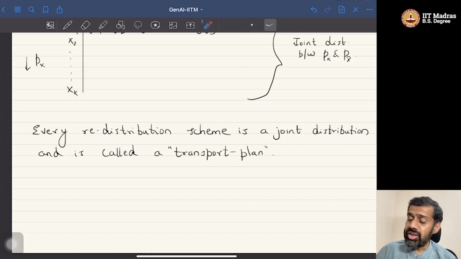So the question is, given that there are infinite transport plans possible, in other words, multiple joint distributions between a pair of random variables, can I quantify the amount of work done, or rather the amount of effort involved with each transport plan?